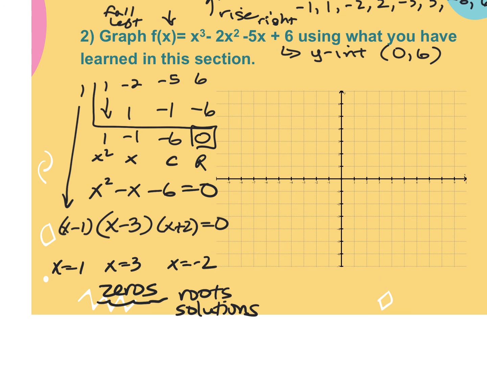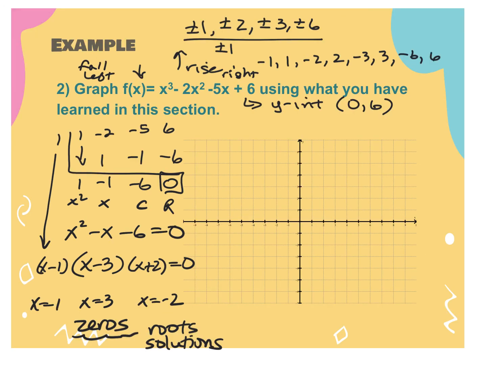Next, I'm going to determine my multiplicity. The reason why I chose 1 is I just picked a number out of this list and I did synthetic. If I would have not gotten a remainder of 0, then I would have had to do another synthetic. But I would have reserved that as an additional ordered point or ordered pair.